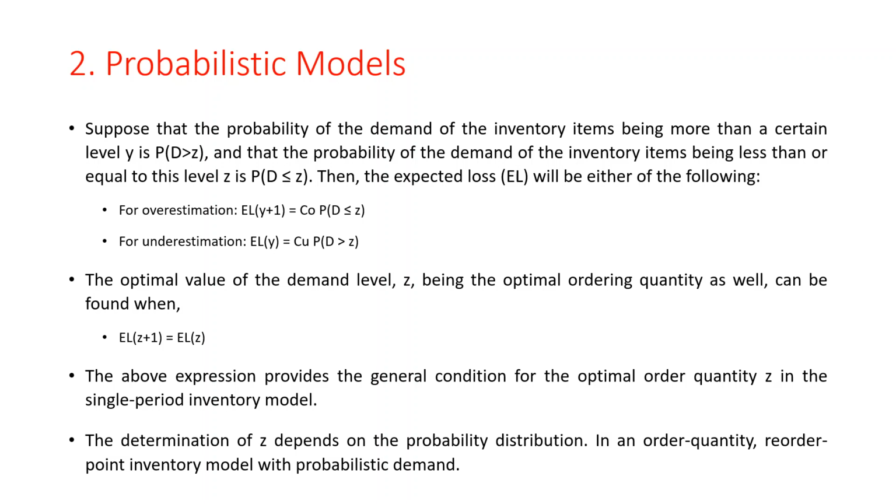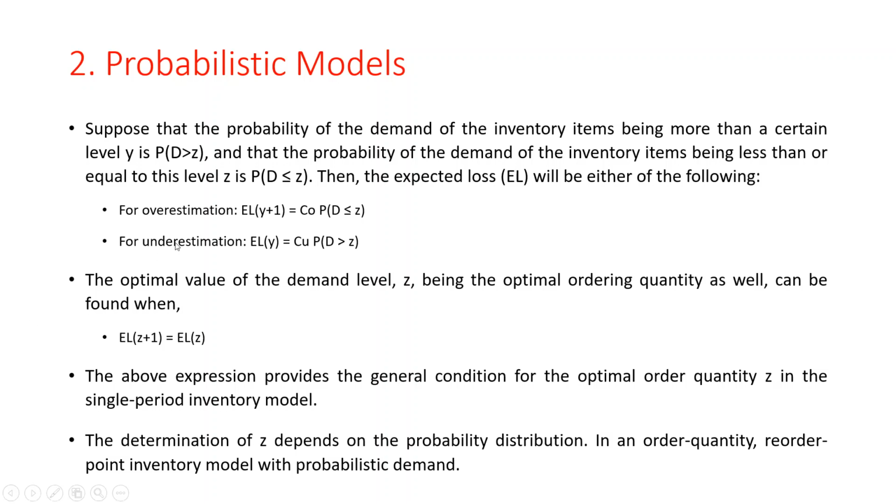If we have these two conditions, the expected loss, that is EL, will be one of the following two cases. The first case is for overestimating. Our expected loss EL(y+1) is equal to CO times the probability of D less than or equal to Z. Here EL means expected loss, y is a certain level, with y plus 1 for the incremental analysis purpose, and CO is the cost per unit of overestimation.